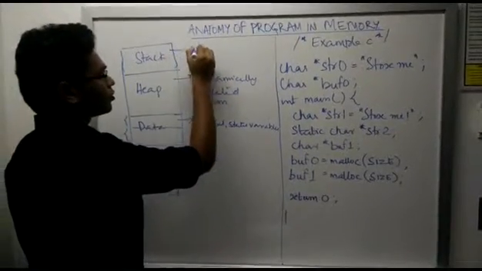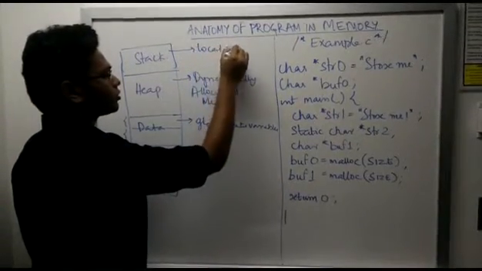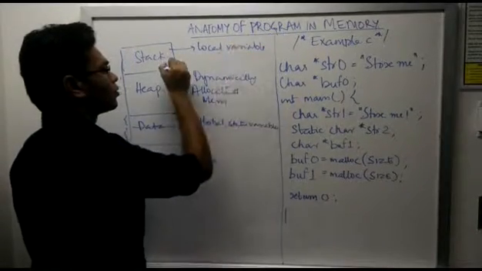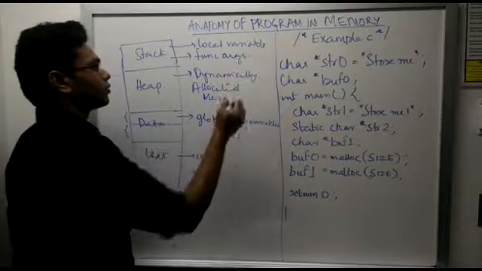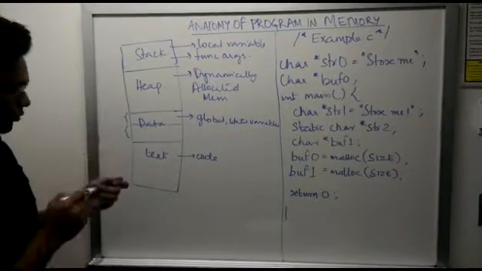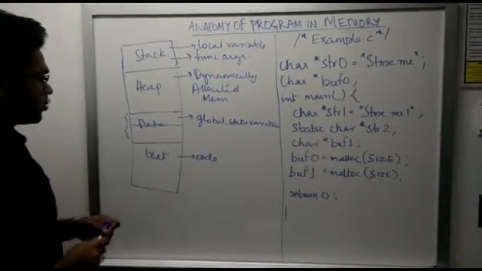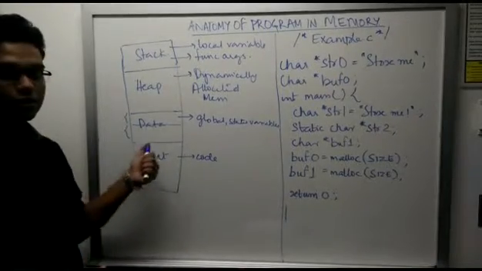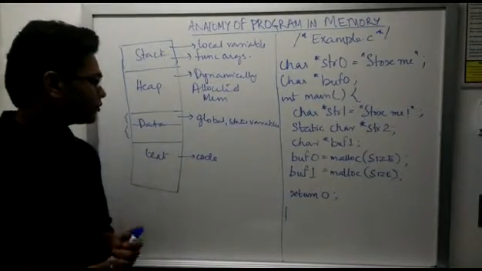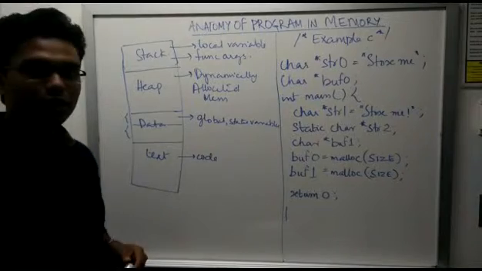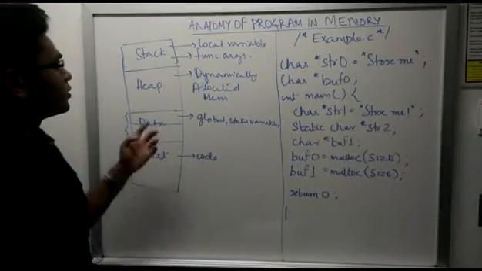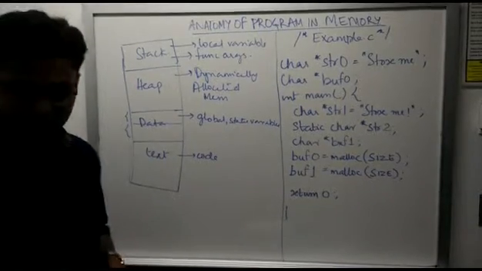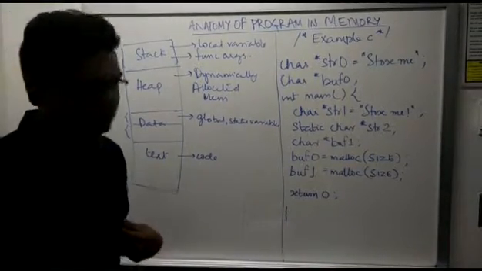This is where your local variables in a function or even the function arguments come from. So I've covered 4 sections of the memory: the text, which will have your code; the data section, which will have your global and static variables; the heap, which will have your dynamically allocated memory; and the stack, which will have your local variables and function arguments.